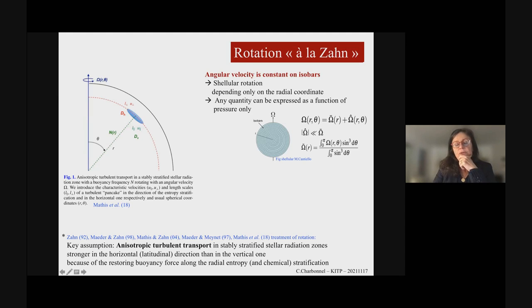This leads to the fact that we can assume that the angular velocity is constant on isobars, as shown in this graph by Matteo, meaning that any quantity can be expressed as a function of pressure only.